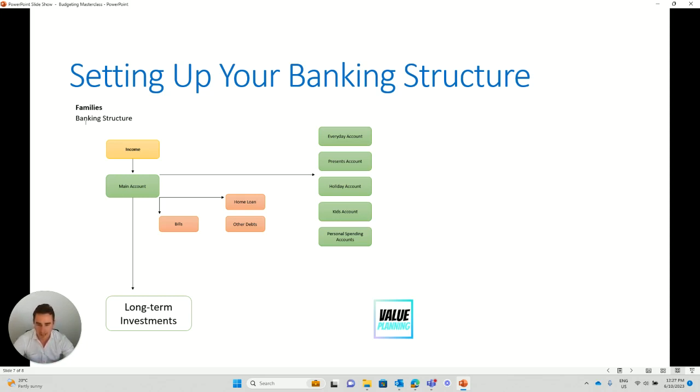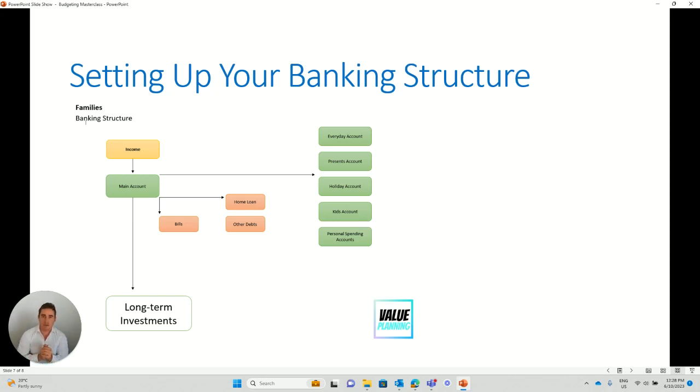Now, from this main account, we have in red coming out our bills. We also have coming out our home loan, and other debts if you have them. How we set up those bills, home loan and other debts is we want to break it down to a weekly repayment or a weekly amount.